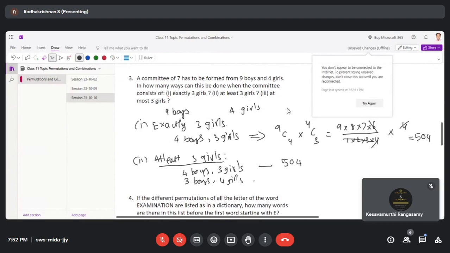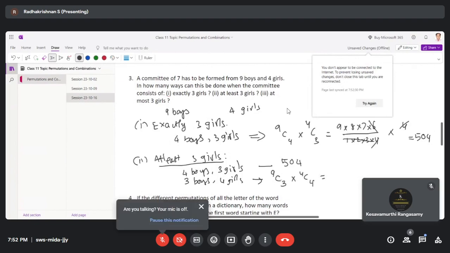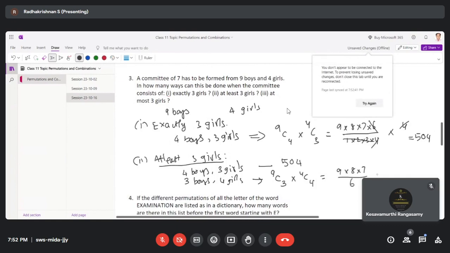But similarly for 3 boys and 4 girls, how many ways can we do it? This means picking 3 boys from 9, that is 9C3, into 4C4. 4C4 means you have to choose all the 4 girls, which is 1. So the number is going to be 9C3, which is 9 into 8 into 7 divided by 3 factorial, into 4C1 being 1.